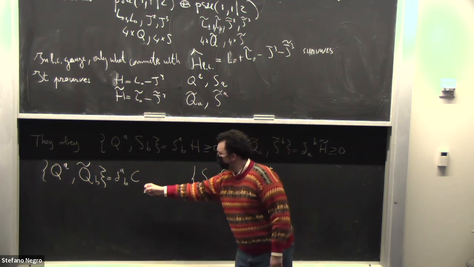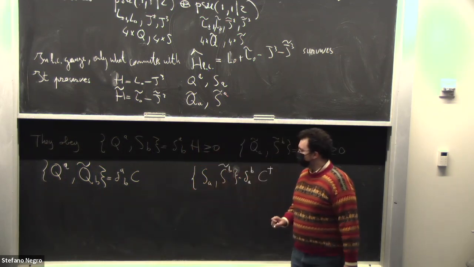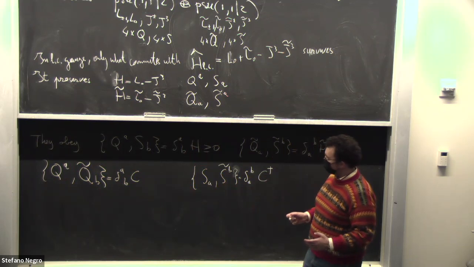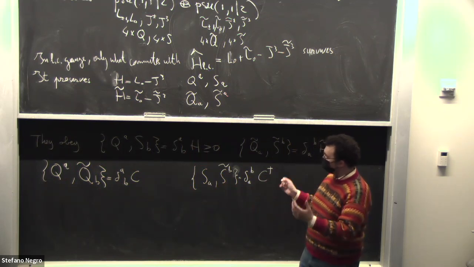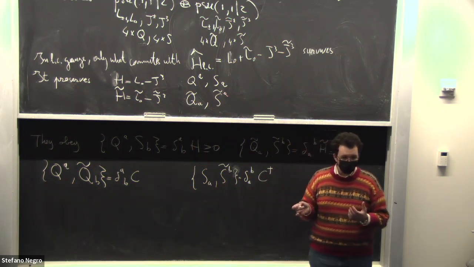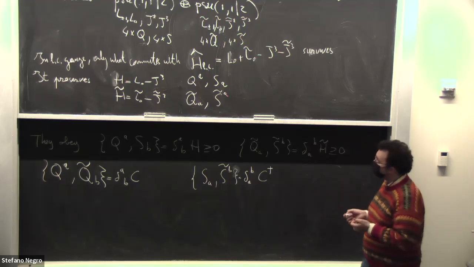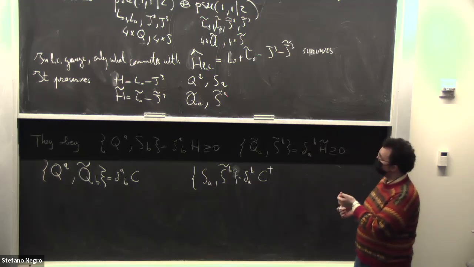So this C and this C dagger are some charges that have the property that they are actually 0 on all states that are physical, but they are not necessarily 0 on an excitation of the string.